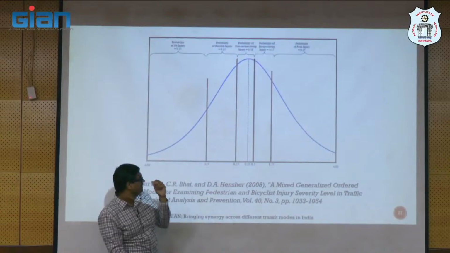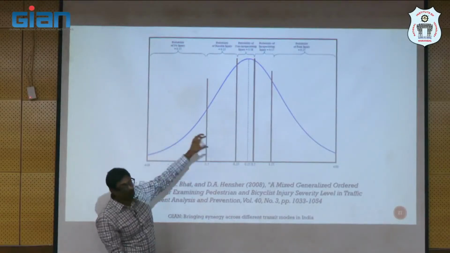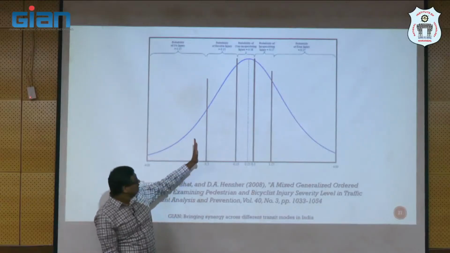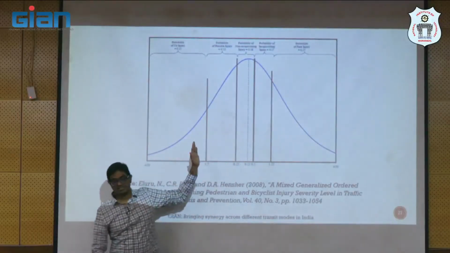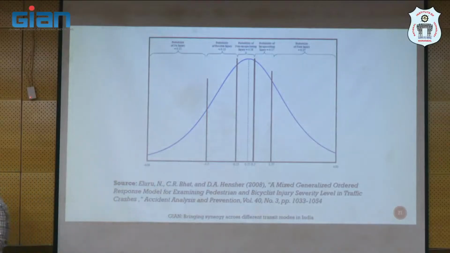In an ordered response model, the curve can move to the right or the left. But in a generalized ordered response model, we can move these lines also. If you move these lines along with the curve, that increases the flexibility you have in capturing coefficients.